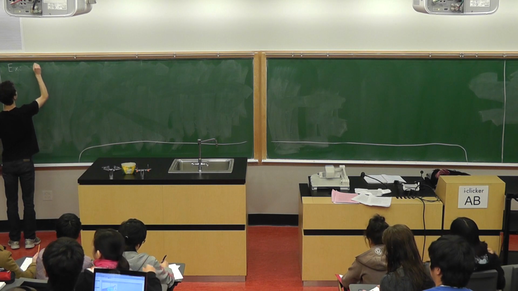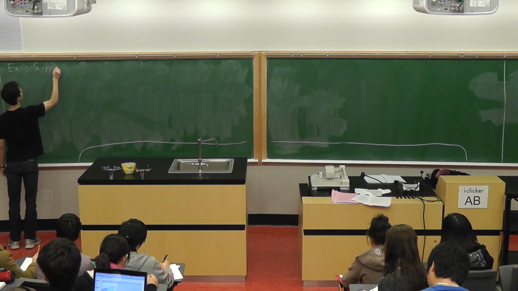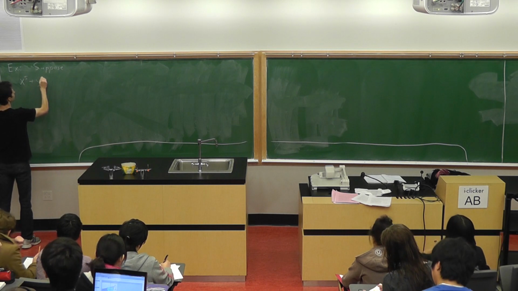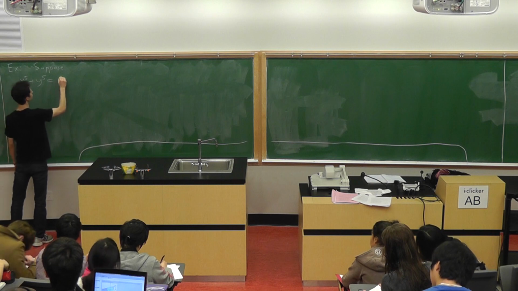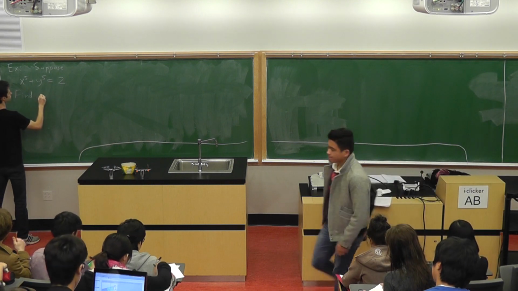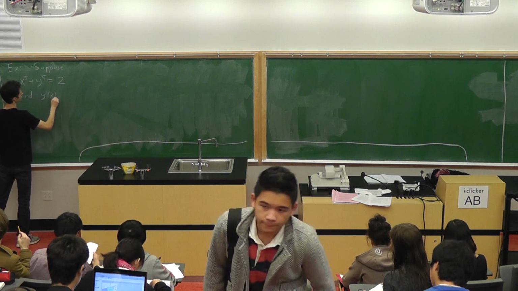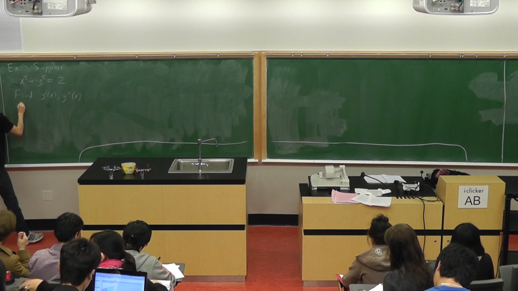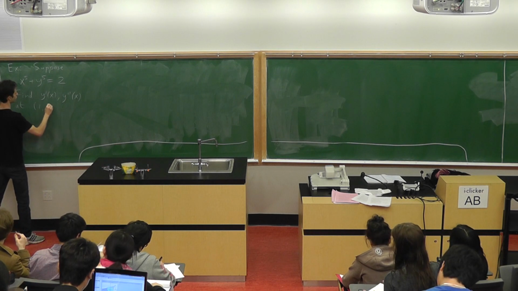Suppose x to the 5 plus y to the 5 is equal to 2. Find y prime of x and y double prime of x at point 1, 1.